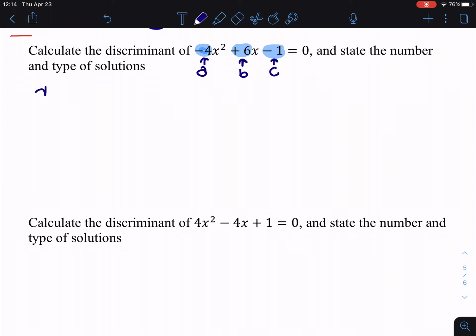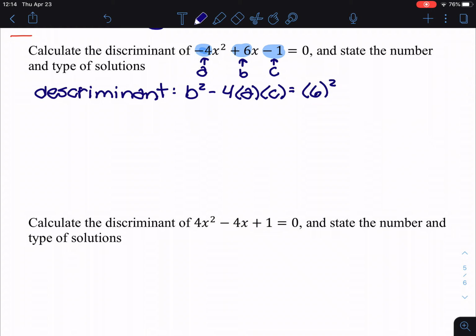So the discriminant in this case, remember, is b squared minus 4 times a times c. Okay. So b is equal to 6. So I take 6 squared minus 4 times a, which is -4, times c, which is -1.